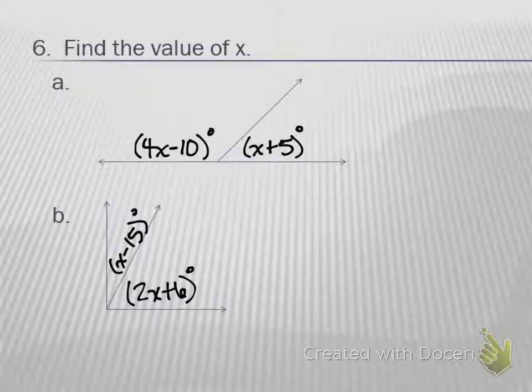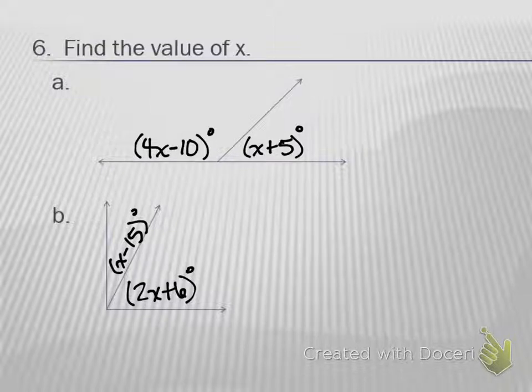All right, we are asked to find the value of x. We have done problems similar to this before, but nothing exactly like this. When we've done problems like this before, we were doing angle addition or we had bisectors.